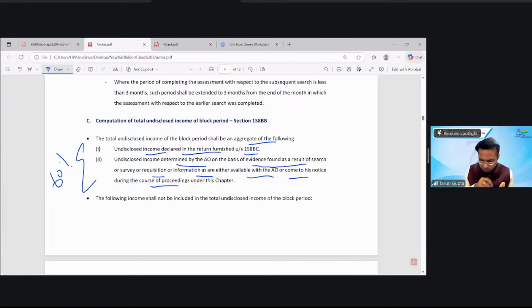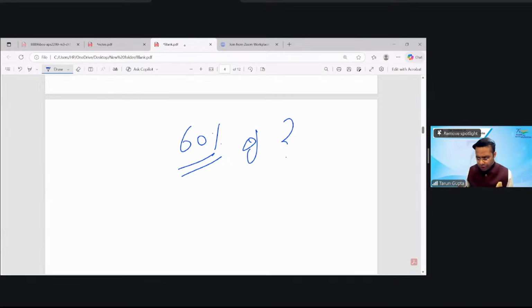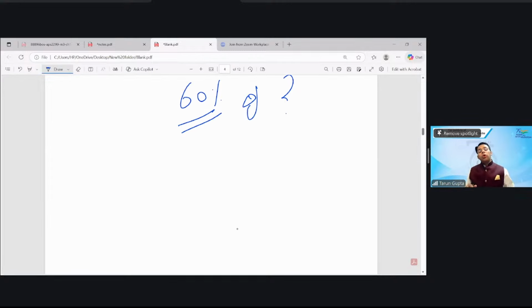Okay. The important part is that the following income shall not be included in undisclosed income. The income which is referred to here is not part of undisclosed income. What is this? Very, very logical. What would not be the undisclosed income? I tell you. The income which I have already disclosed in the return furnished under section 139.